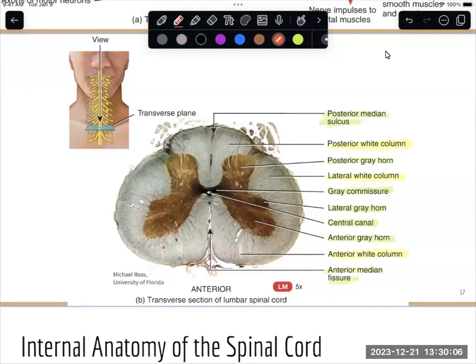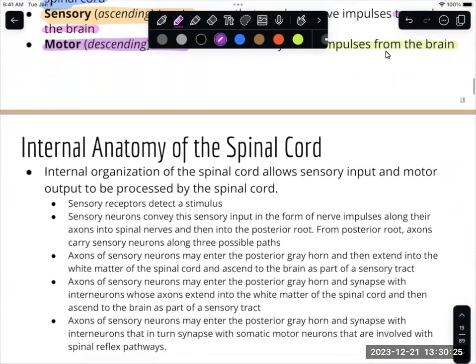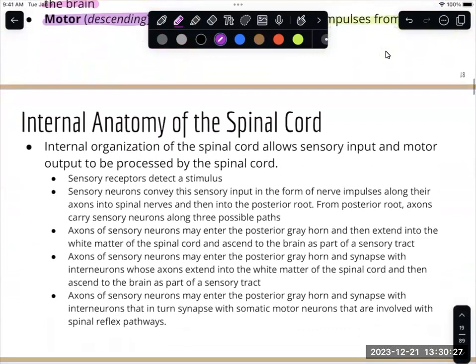So this whole area is the posterior. We have lateral. And then we have those anterior. So our spinal cord has an organization to it that allows this information to get to where it needs to go.